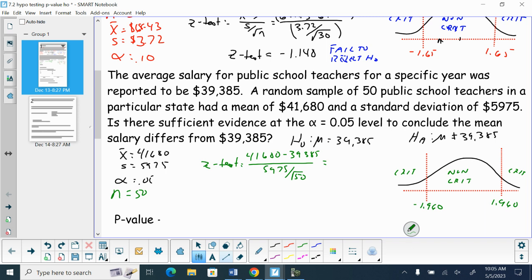What do you get for test value? 2.716. So if we look at 2.716, we fall out here in the critical region.